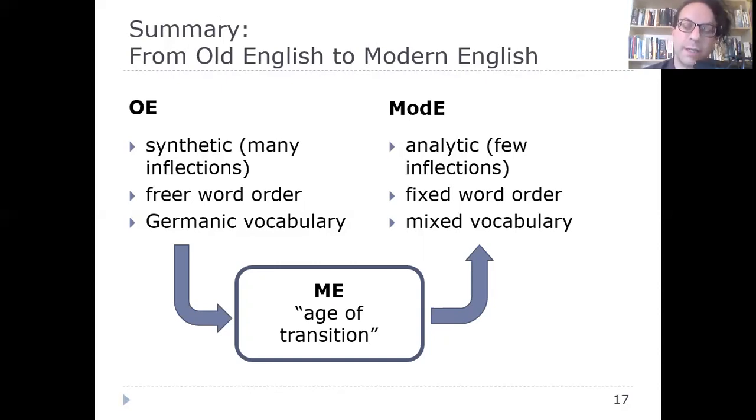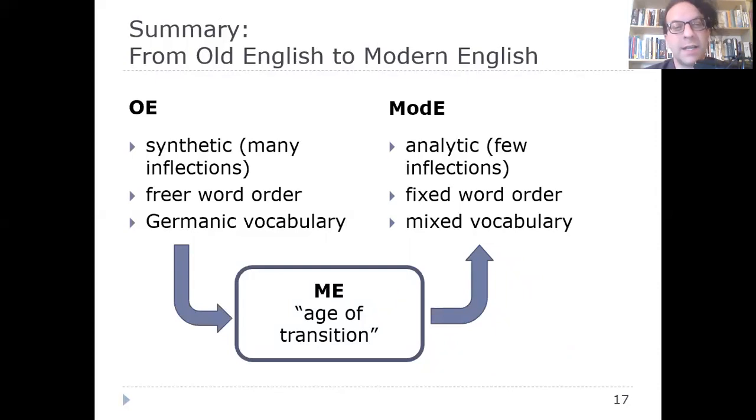So in other words, Middle English is the period in which a lot of the loss of inflections takes place. So we're slowly moving away from the synthetic grammar of Old English, where things like a dative and an accusative and things like that were always marked in the respective words.